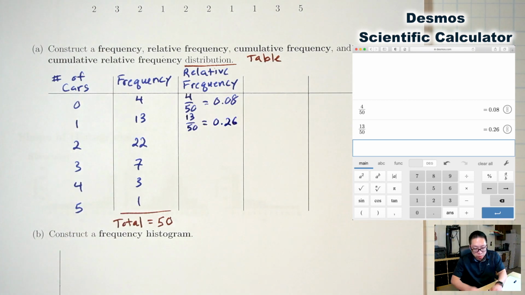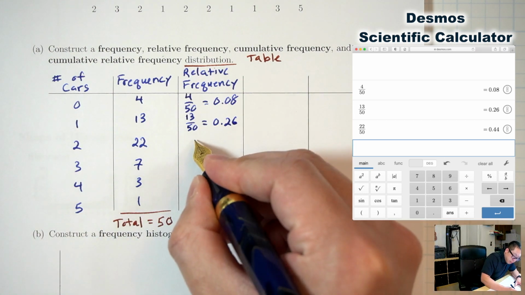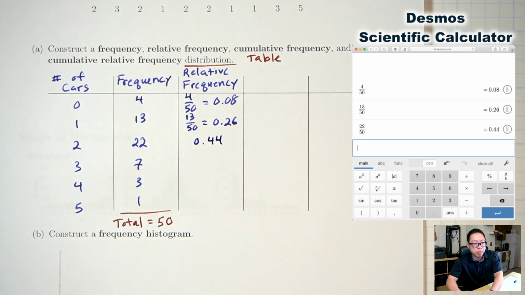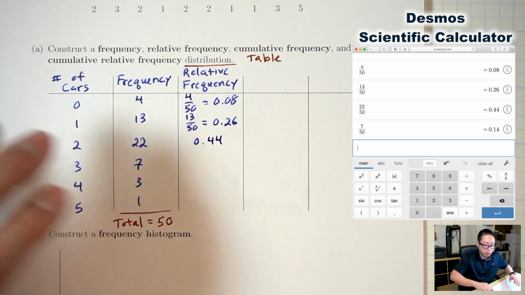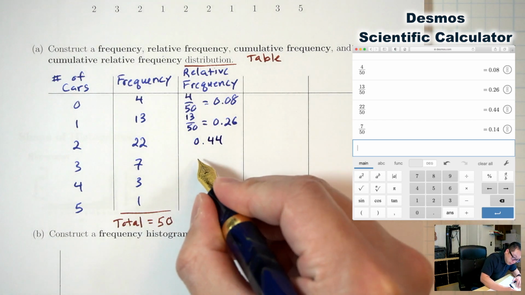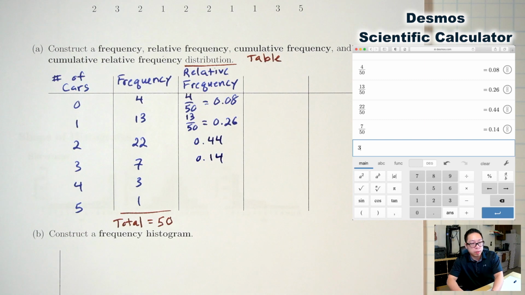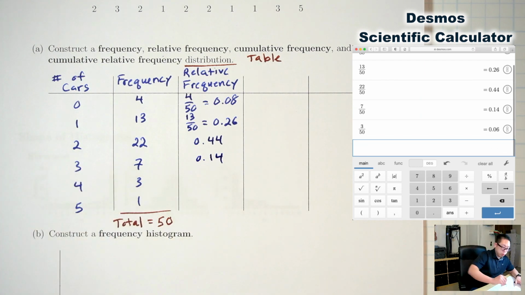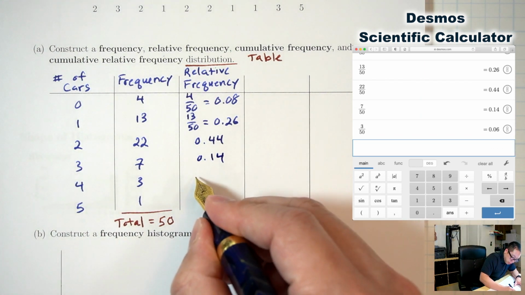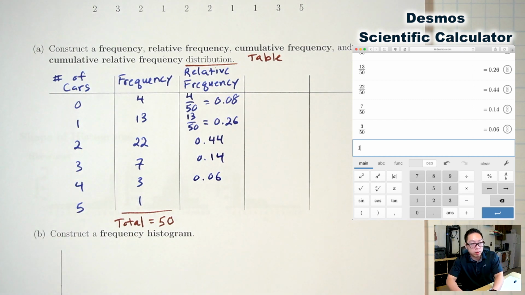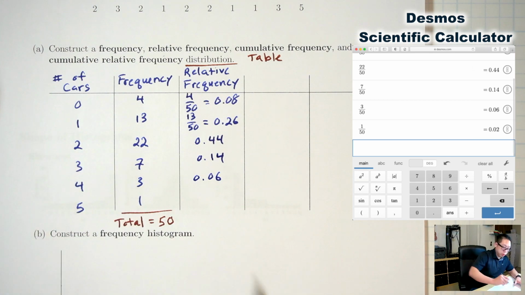Next up is 22 divided by 50, 0.44. 7 divided by 50, 0.14. 3 divided by 50, 0.06. And then 1 divided by 50, 0.02.